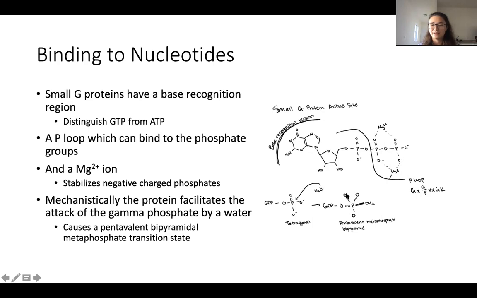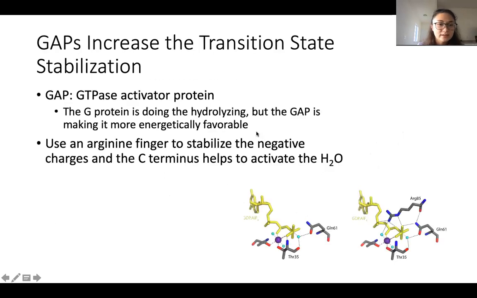And then after that, one of these will collapse and it'll break this bond. If that's really unclear, just post about it in Piazza and I will clarify that. And so the protein is going to help facilitate this attack by the water using different types of enzyme mechanisms that I'll talk about in a second.